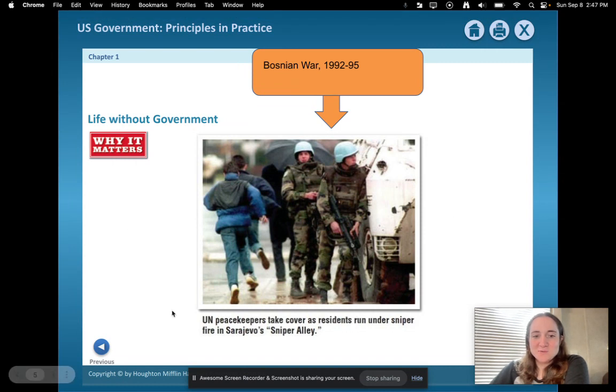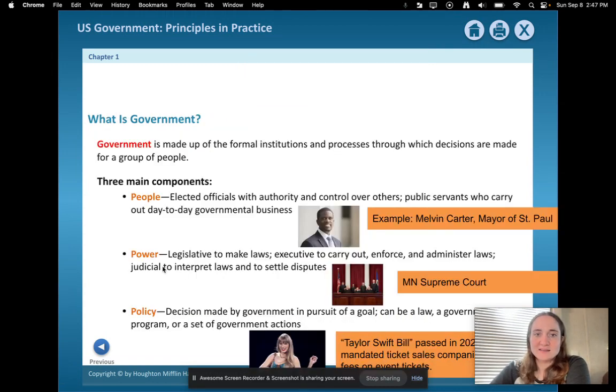Here's a picture of UN peacekeepers taking cover as residents run under sniper fire in Sarajevo's Sniper Valley in the Bosnian War. So what is government? Government is made up of the formal institutions and processes through which decisions are made for a group of people. Okay, so that's kind of the dictionary version of what a government is.